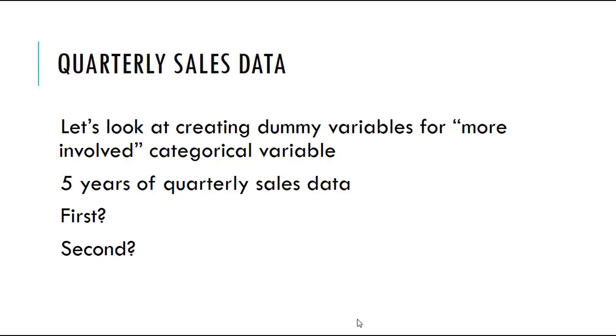So the question becomes, what do we do first? And then what do we do second? So really, phase 0, we should download the data. Then first, we should look at the data or explore the data, which I suggest plotting, like we learned back in Unit 2.